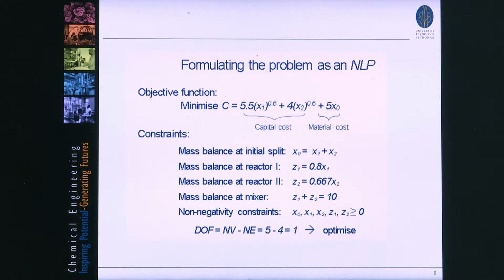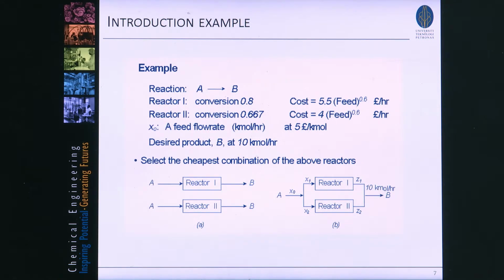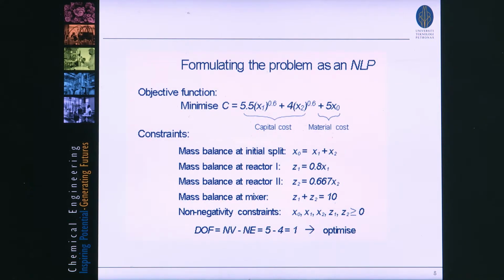So the objective function is to minimize the cost. Because we have the cost of reactors, operating cost, and we have the cost of the feed. So now we have a capital cost of x1, of reactor 1 plus reactor 2, and then the material cost of x0.